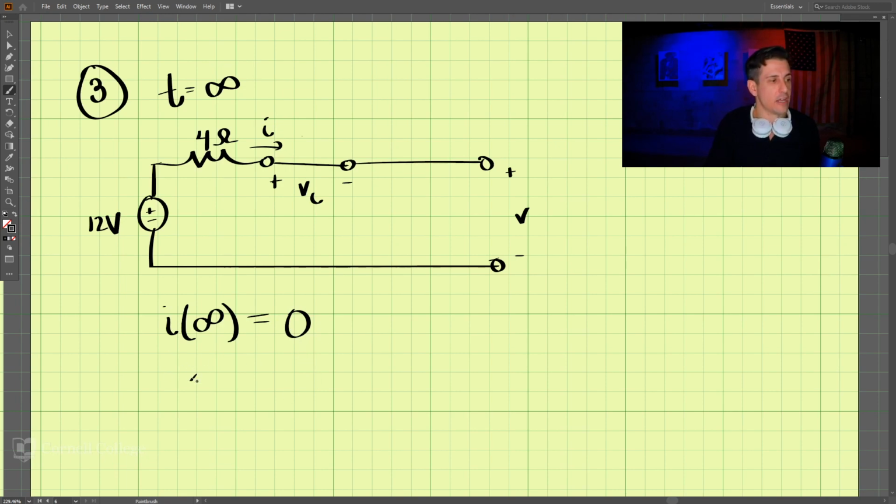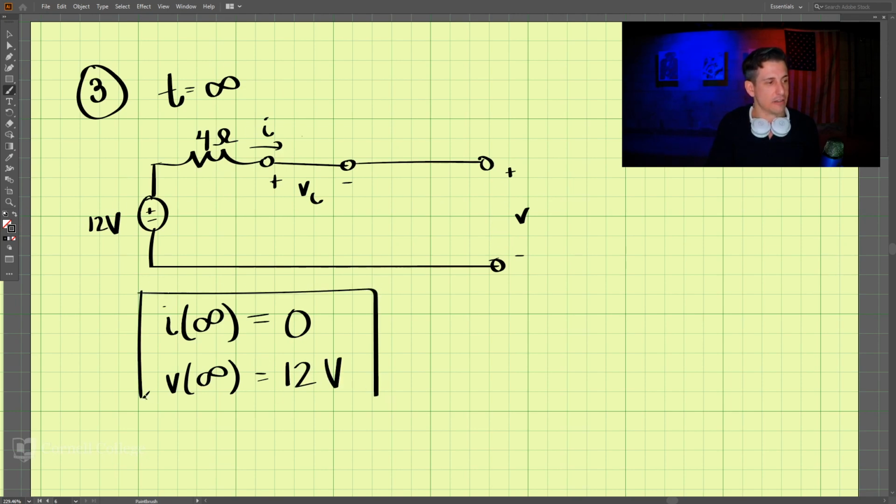And likewise, the voltage at time equals infinity. Since it's an open circuit, there is no current, so this voltage here is going to be equal to this voltage. So that is 12 volts here. And that is our last part of our solution, analyzing the circuit at t equals infinity.